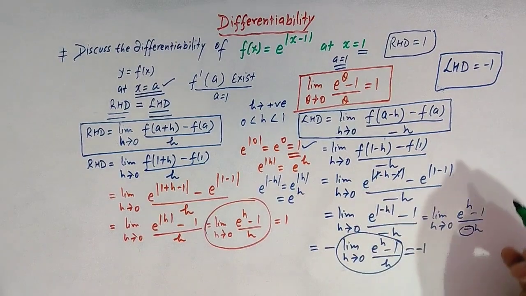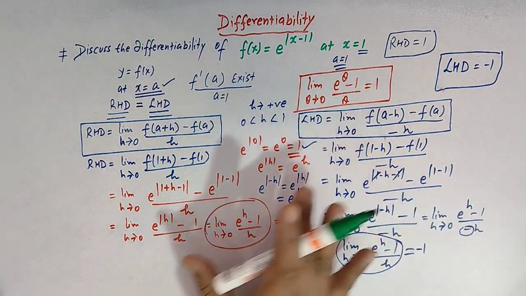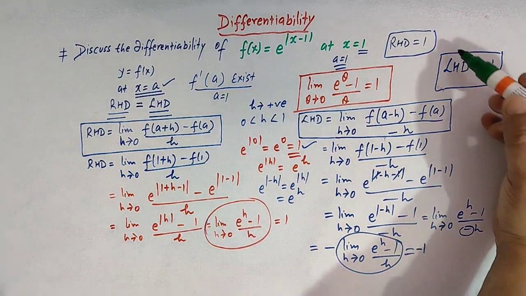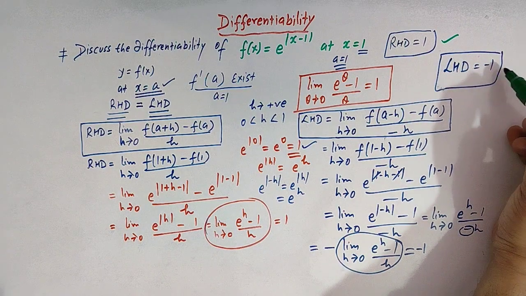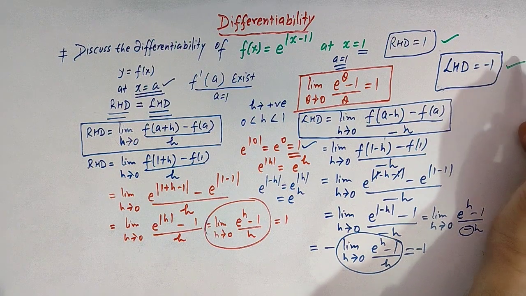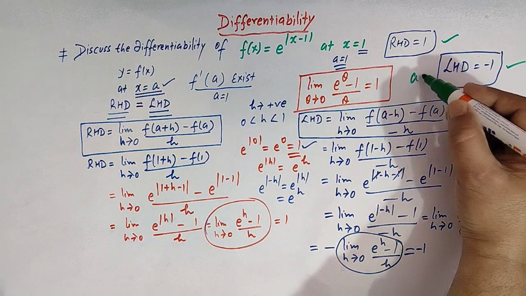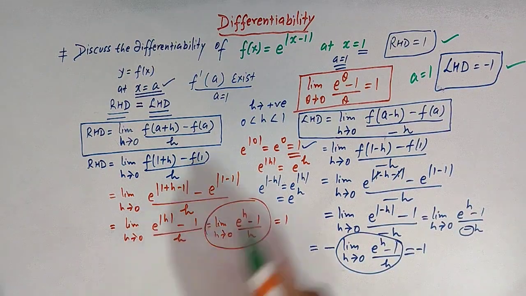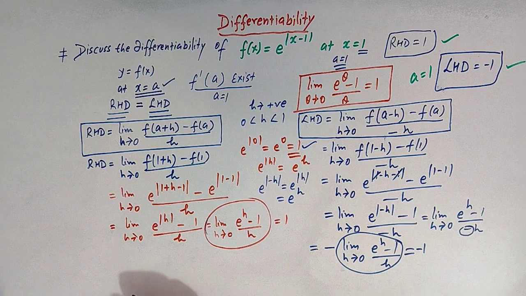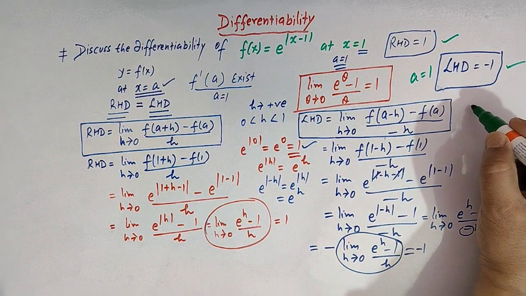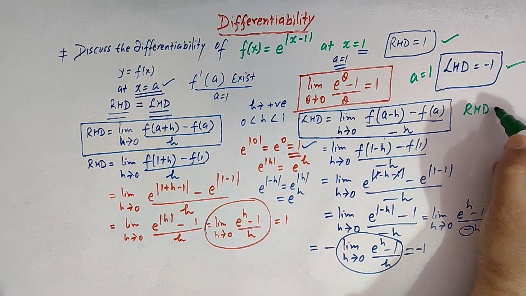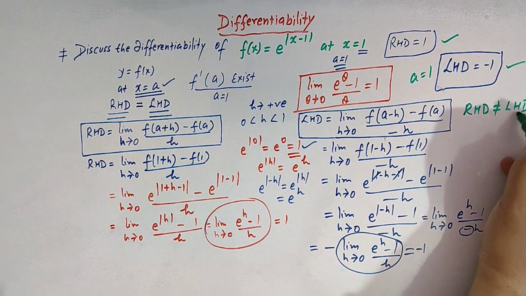So viewers, from this discussion we have seen that the right hand derivative is 1 and the left hand derivative is minus 1 at a equals 1, that is x equals 1. We can easily see that the right hand derivative is not equal to the left hand derivative.